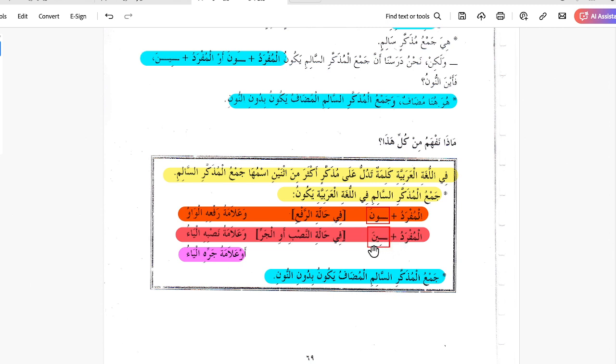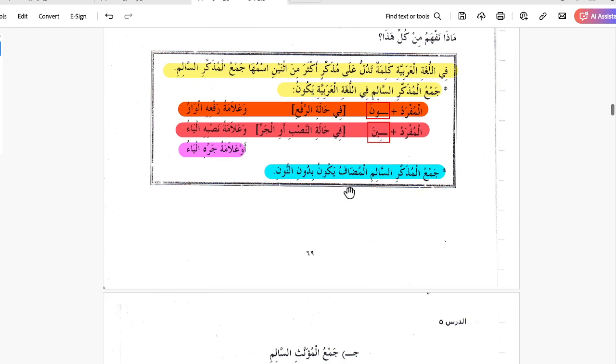And if we add ina with the mufrad, like Muslimina, then it can be used as nasab or jar. So in other words, if it's Muslimun, then Muslimuna is the rafa form, Muslimina is the nasab or jar form, and they are for plurals. So for dual it was Muslimani, Muslimaini, Muslimaini, and for the plural it is Muslimuna, Muslimina, Muslimina, rafa, nasab, jar.